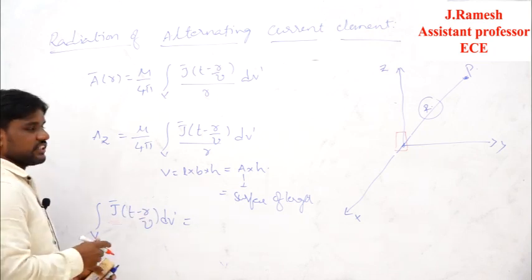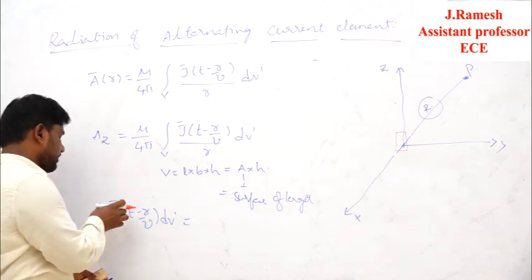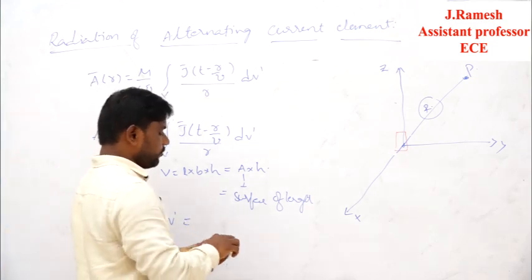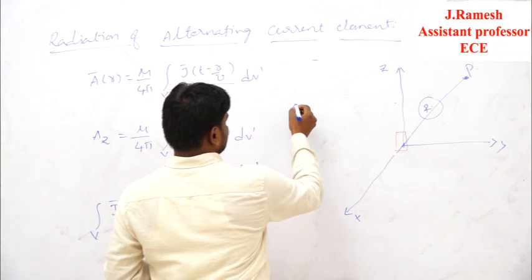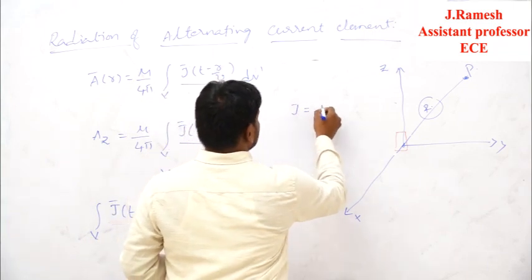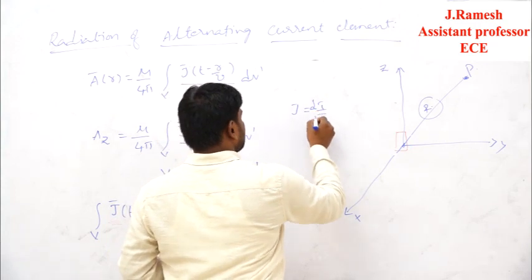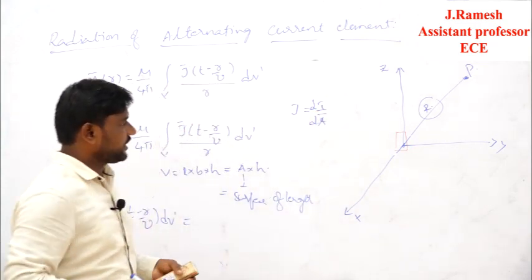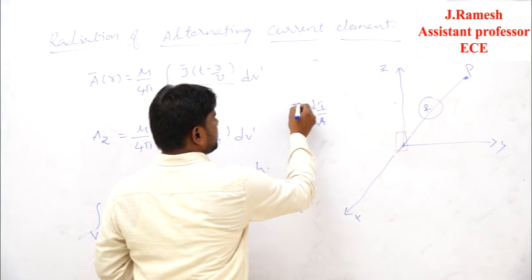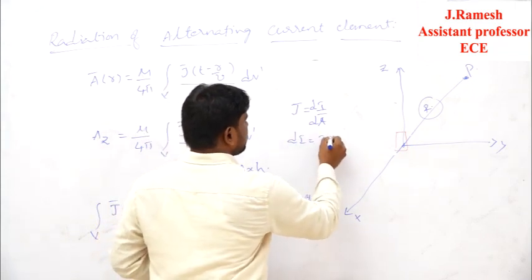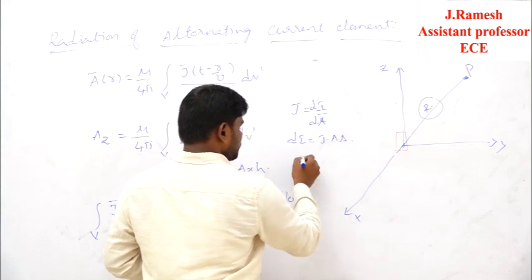But in this process, what is the surface area integration? We all know one formula from EDC: J is equal to I by A, or you can also say J is equal to di by dA. So what is the meaning of this? You can say that di is equal to J into dA. So what is the current?